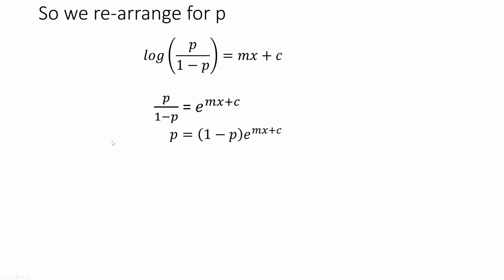And then we can move the 1 minus p over to this side by multiplying both sides by 1 minus p. We need to get this p over to the left-hand side. So we can expand this. We have 1 times e to the mx plus c minus p times e to the mx plus c. So we've expanded this out.